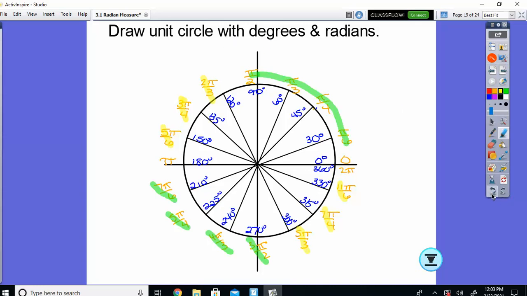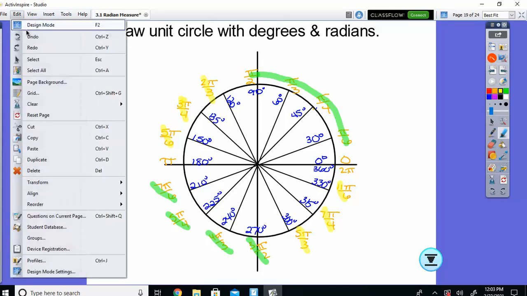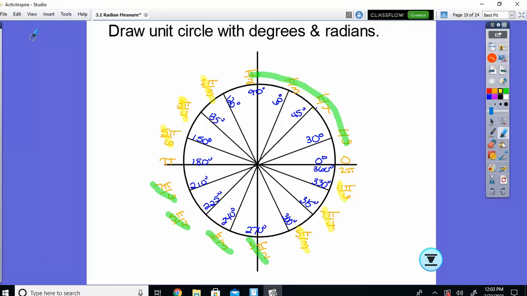Also, I want to talk about another pattern here. These angles right here were all reference angles of 30.